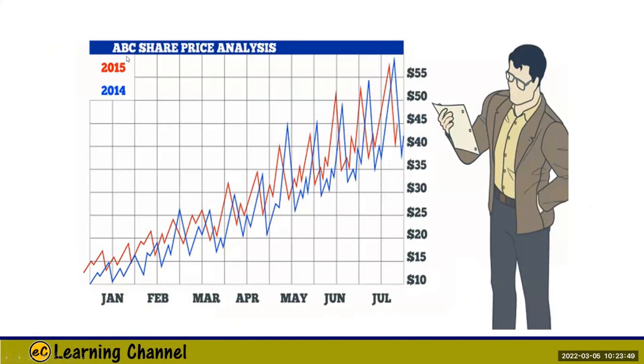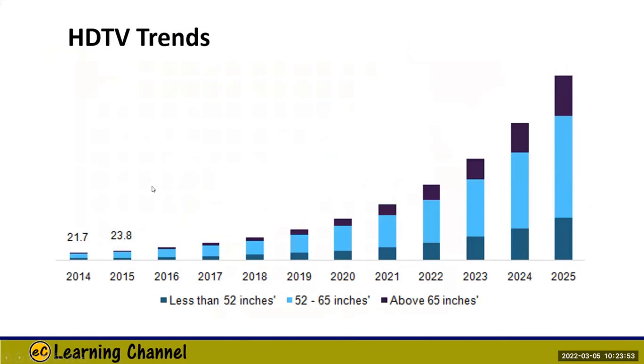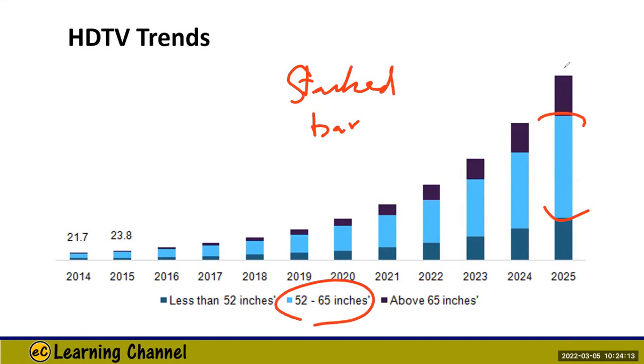We can show you the ABC company's price trending. We can see the HDTV's trending. But this one is a vertical stacked bar chart. It's a bar chart, but it's stacked. By doing this, you can show what percentage of the 52 to 65 inch HDTV is.